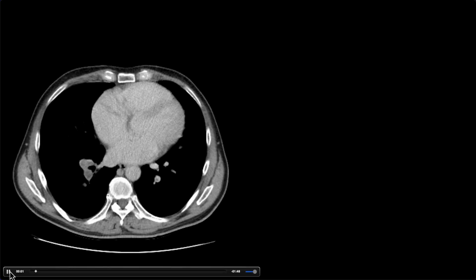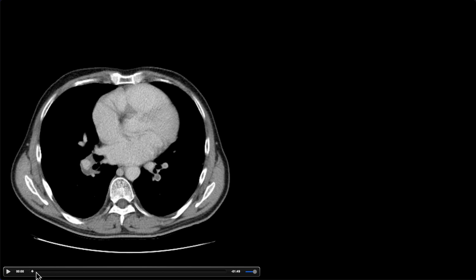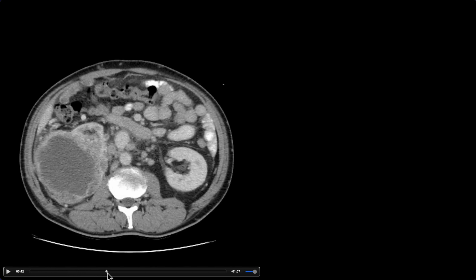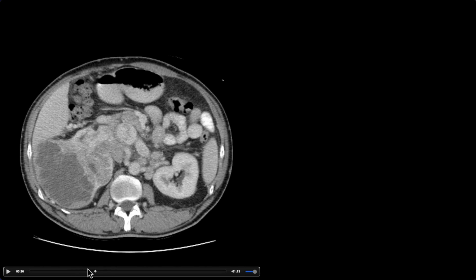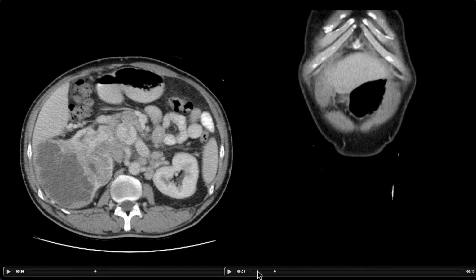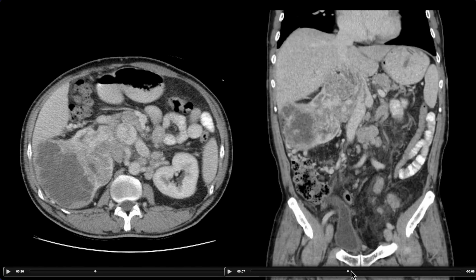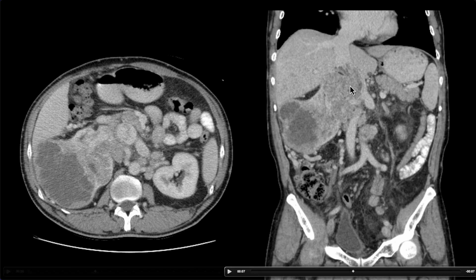All right, so this next case starts off, I don't know if you saw that on the first slide, with a little bit of acute pulmonary embolus. And we don't have to scroll far to wonder why. There is a massive right renal cell carcinoma. Let's take a look at that. So we have this really bulky, extensive infiltrative tumor here.